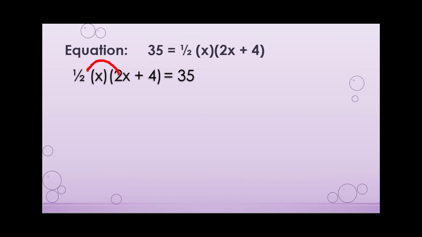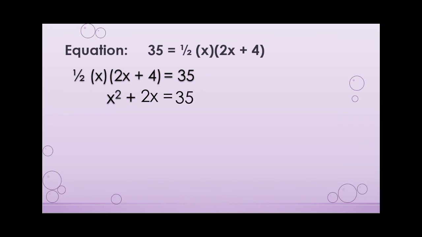So ika-cancel natin si 2 and 2. So matitira is x. Ta-times natin sa x. So the answer is x squared. Then 1/2 x multiplied by 4. So pwede natin ulit i-divide si 4 by 2. So 2 will be cancelled, then 4 will become 2. So 2 times x is equal to 2x. Then this is equal to 35.